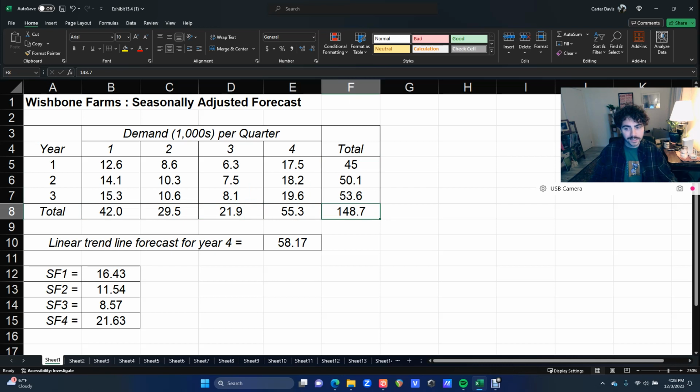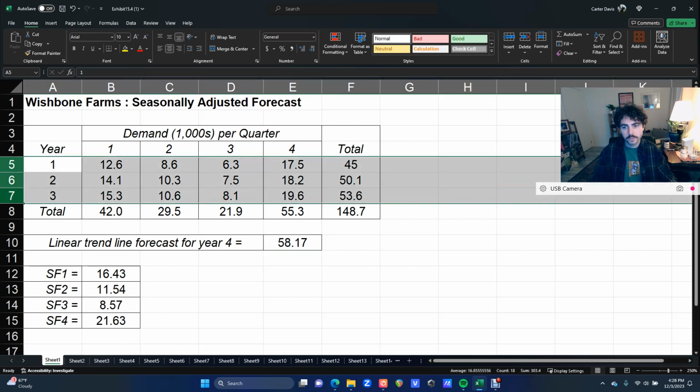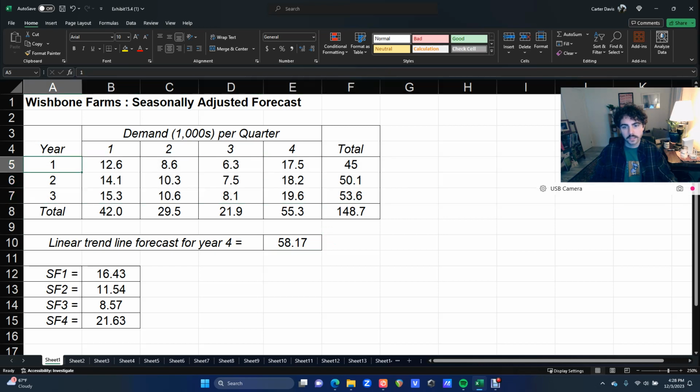Now, linear trend line forecast for year 4. What they're describing is when we look at these 3 rows here, specifically in year 1, the total demand was 45. In year 2, the total demand was 50.1. In year 3, 53.6. Over time, we can see that the demand is increasing.